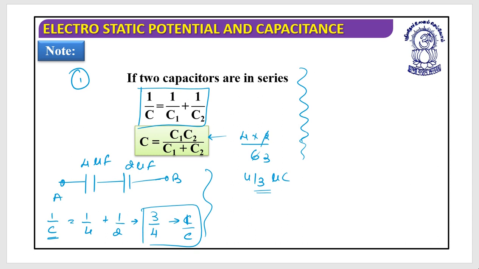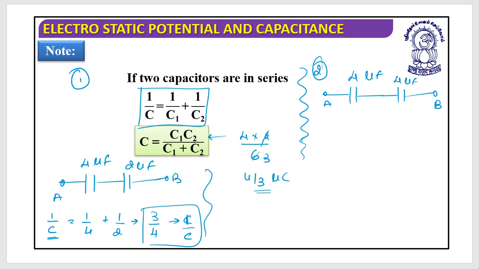One more aspect I would like to share with you guys is that, let's say this is 4 microfarad, and again this is 4 microfarad. These two are connected in series.